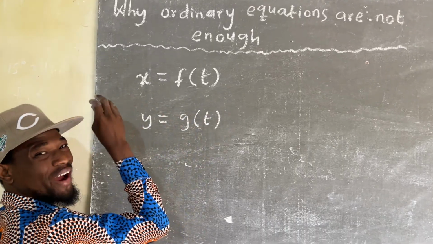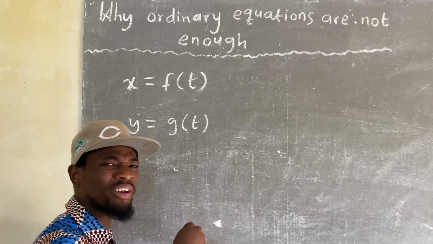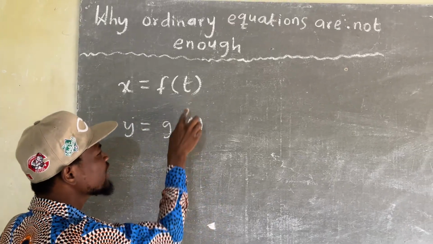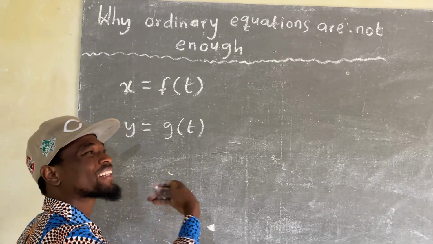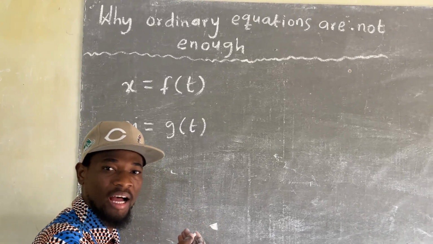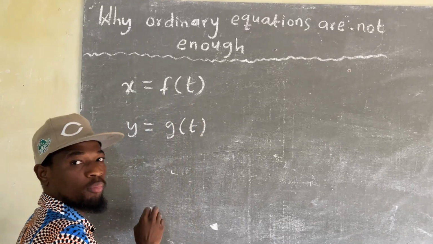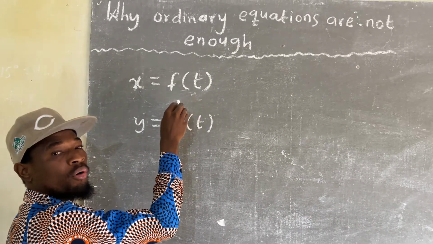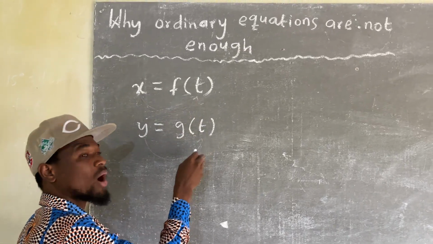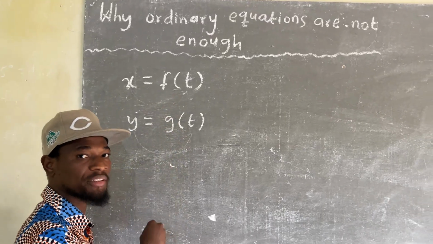So you have your x and your y coordinate depending on the same independent variable. In other words, there is a third parameter, and we let t represent that independent variable. So x depends on the same variable as y.